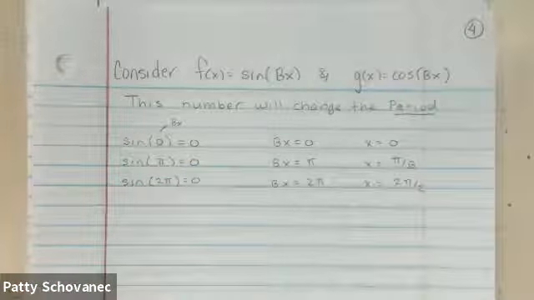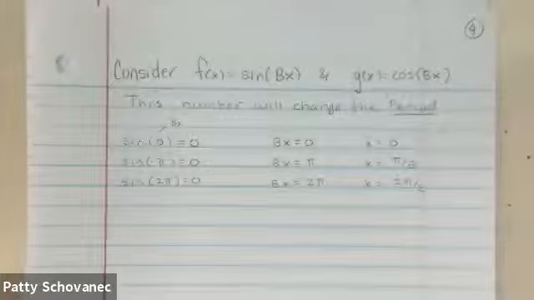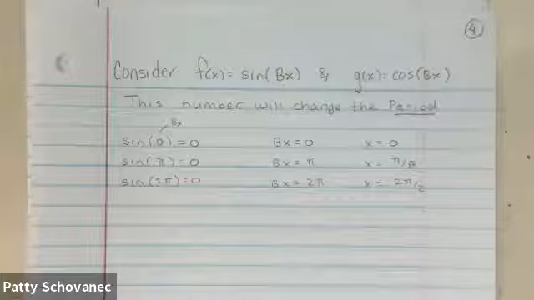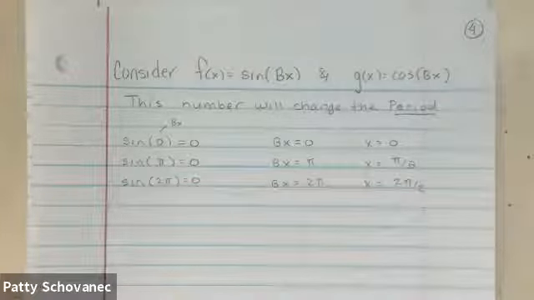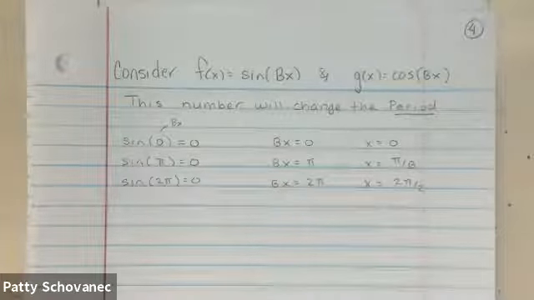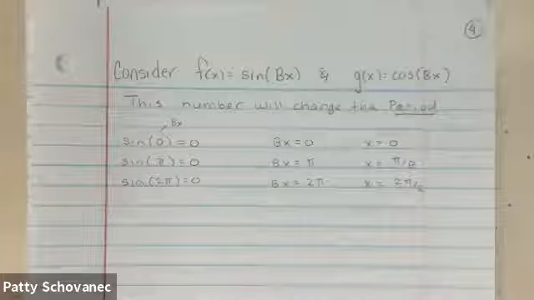It moves those intercepts to a new location, to 0, to pi over b, to 2 pi over b, and so on. It moves them, but it keeps the shape. It just takes what happens between 0 and pi and moves it to between 0 and pi over b.